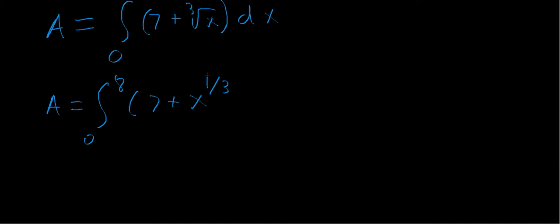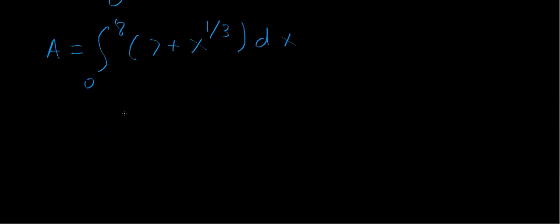That's the same as that. If it was the square root, it'd be x to the 1/2 dx. Now from here, we can go ahead and evaluate the integral. Well, what's a constant go to? A constant just gets multiplied by the variable, whatever variable's in question.